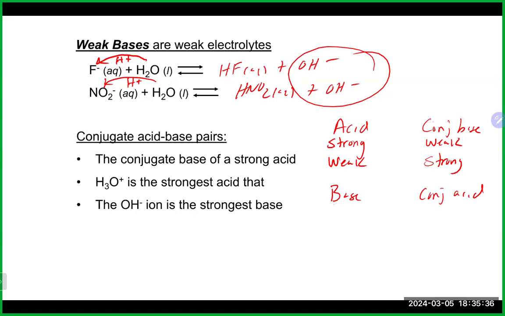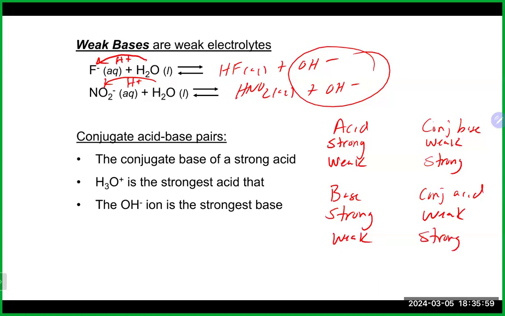Same thing with the base. If you have something that comes from a strong base, its conjugate acid will be relatively weak, which again, in this context, means weak for each of these things. It pretty much will not continue to react with water. So it's just going to hang out there. It's not going to really do anything with the water. And if we have a weak base, its conjugate partner will be relatively strong.